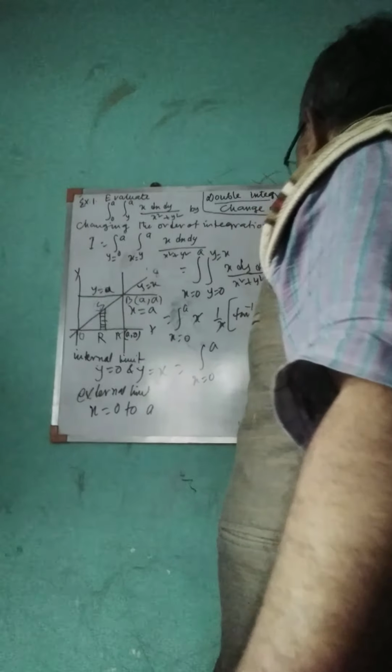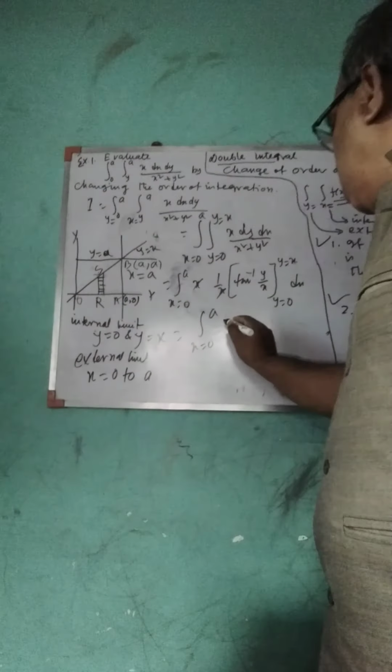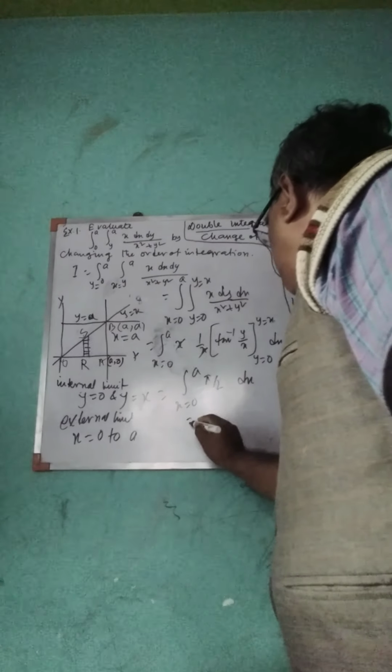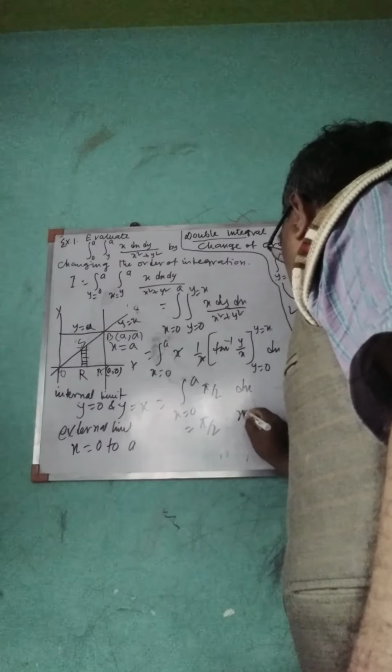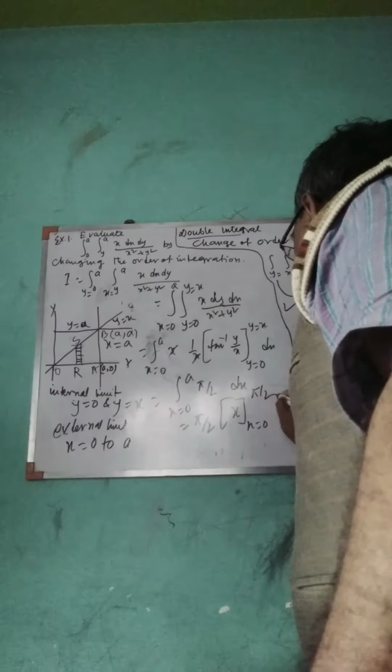So x equal to 0 to a. Tan inverse x by x, that is tan inverse 1 minus tan inverse 0. Tan inverse 1 is pi by 2, minus tan inverse 0 is 0. So it is pi by 2 into dx, integration is x, from x equal to 0 to a.